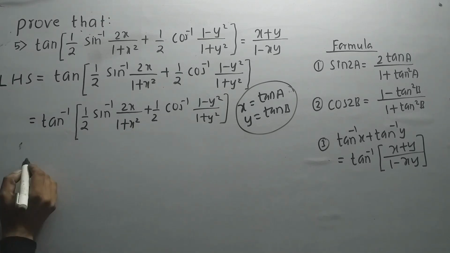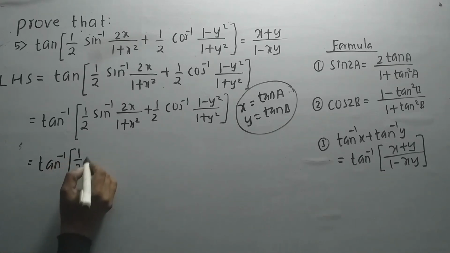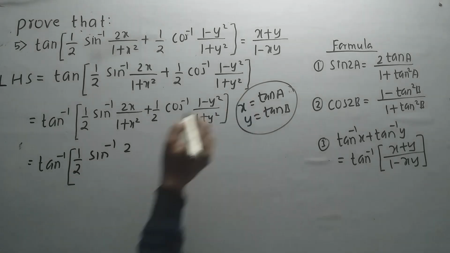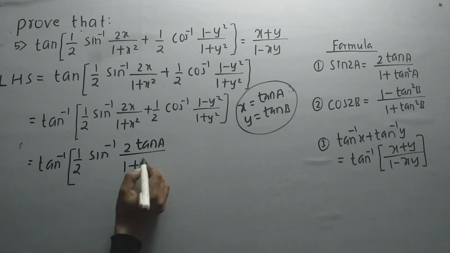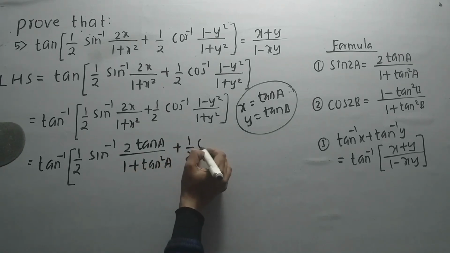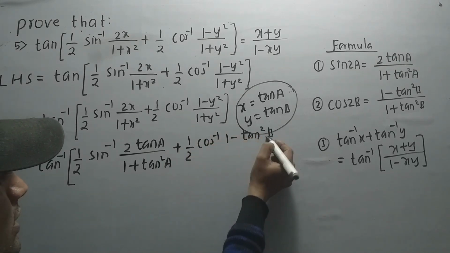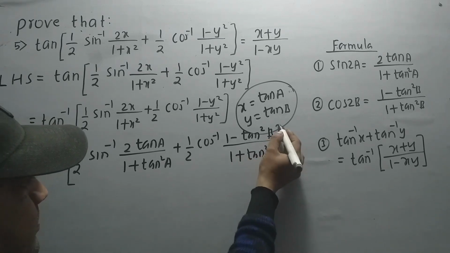After that, you write tan of half of sin inverse 2, now in place of x I am going to replace that by tan a by 1 plus tan square a, plus half of cos inverse of 1 minus tan square b by 1 plus tan square b.